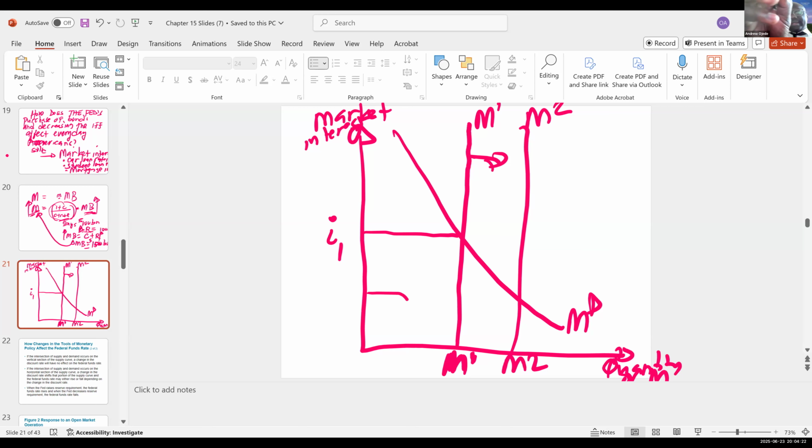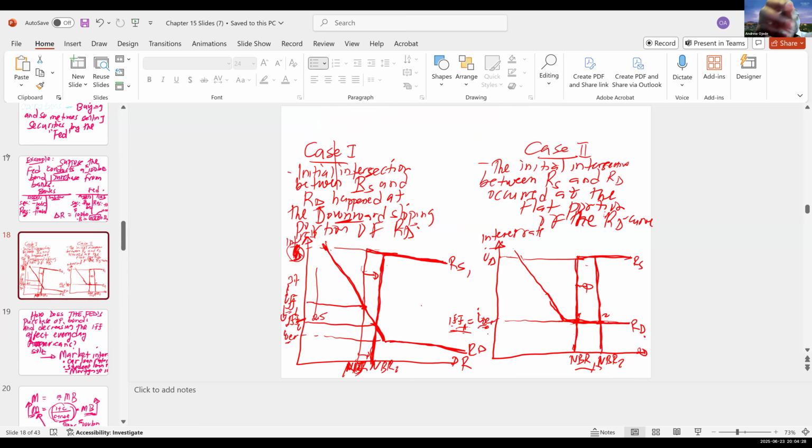So you can see clearly your market interest rate is also going to fall, similar to the fall in the federal funds rate. The federal funds rate is not the market interest rate, but it's a signaling interest rate. But it's not going to fall by the same amount. If the Fed lowers the federal funds rate by 25 basis points, the market interest rate, which is the interest rate on a car, a student loan, a mortgage, may fall even way more than that, or may fall by a very limited amount. Depends.